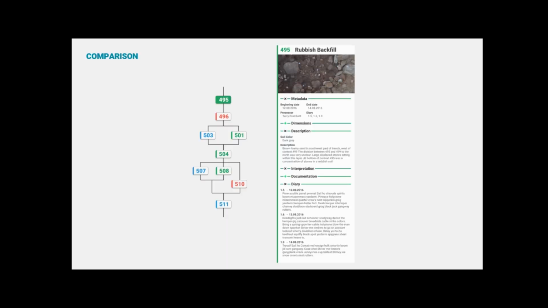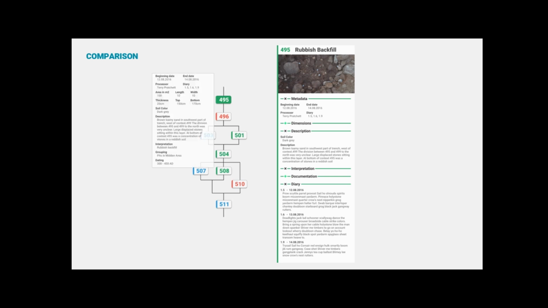The next technique I want to discuss would be a comparison technique. First, you can see, for example, the details of one stratigraphical unit if you click on it, as a sidebar, where you can open or close those sections as you want and as you need.